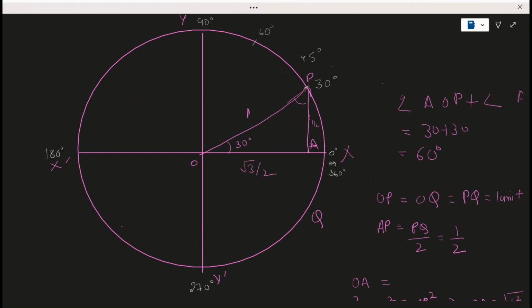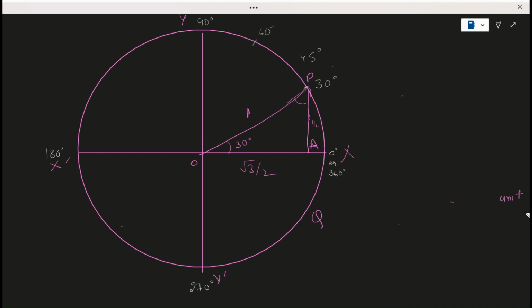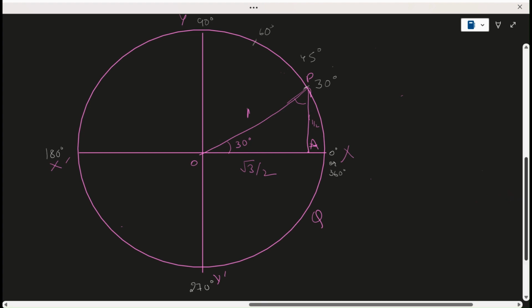Now we have all sides of this triangle. Let us now calculate the trigonometric ratios, whether they fit in the table or not. Sine 30 degree is equal to perpendicular, that is half, divided by our hypotenuse, that is 1.